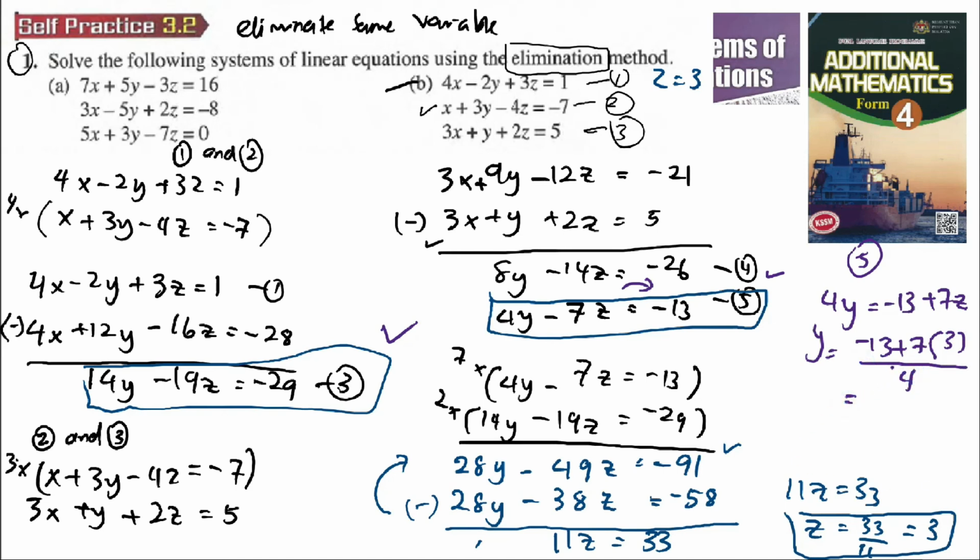So this one is negative 13 plus 21, which is equal to negative 13 plus 21, you get 8 divided by 4. This one is equal to 2. So you know that z is equal to 3 and then y is equal to 2.